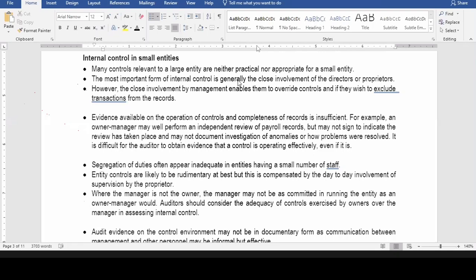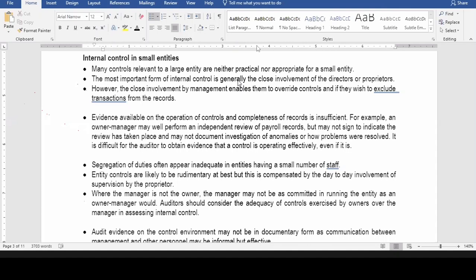When we talk about internal control, it doesn't mean that internal control in Makerere is the same as in MOBS. MOBS has how many students? Let's say 10,000. It's basically big.